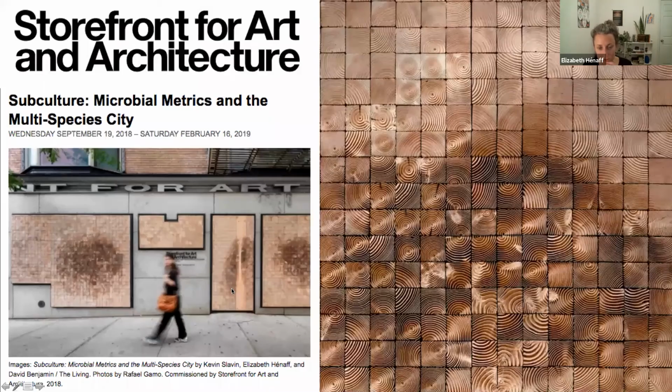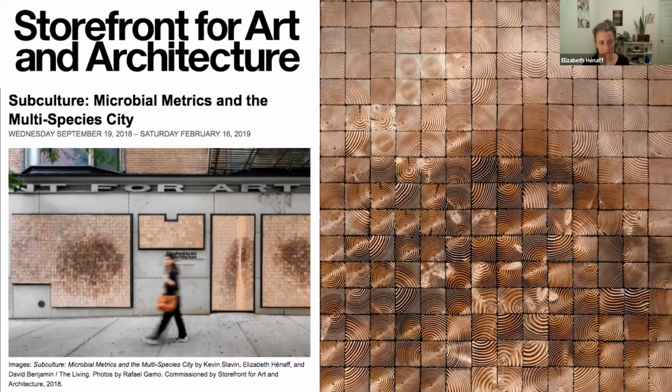Another project that I worked on was a collaboration with the architecture studio The Living, led by David Benjamin and Kevin Slavin, who was a professor at the MIT Media Lab at the time. This was a commission for the Storefront for Art and Architecture, where they tasked us to think about what it would look like on a human or architectural scale if you were to design for microorganisms.